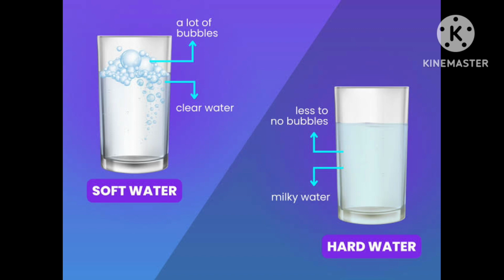Now I want to tell you furthermore, soap can produce lather only after all the hardness causing ions. Hardness causing ions are precipitated as insoluble soap.